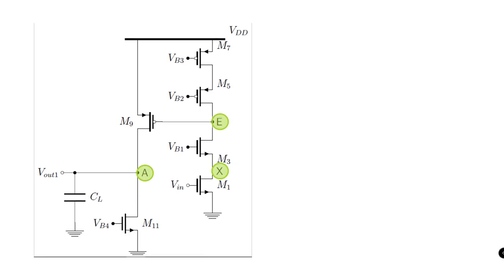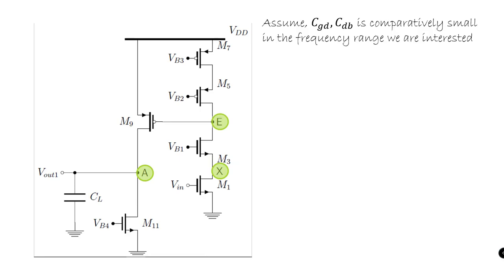So before we talk about the pole locations that are encountered in the signal path, let us assume that all the transistors' CGD and CDB are comparatively small in the frequency range that we are interested in. To compute the pole location at node X, one needs the knowledge of the node's capacitance and resistance.